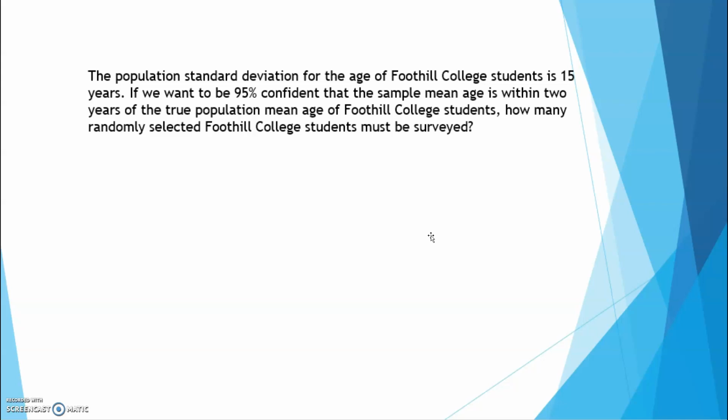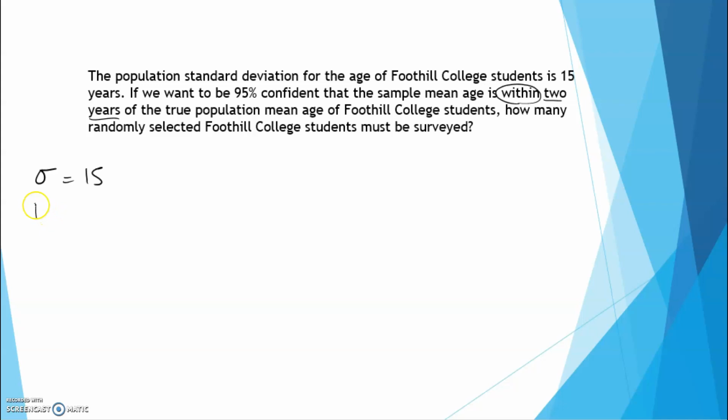All right, the population standard deviation for the age of Foothill College students is 15 years. Okay, so that just said sigma is 15. If you want to be 95% confident that the sample mean age is within, okay, this is a keyword, and the number behind it is going to be your margin of error, 2 years.